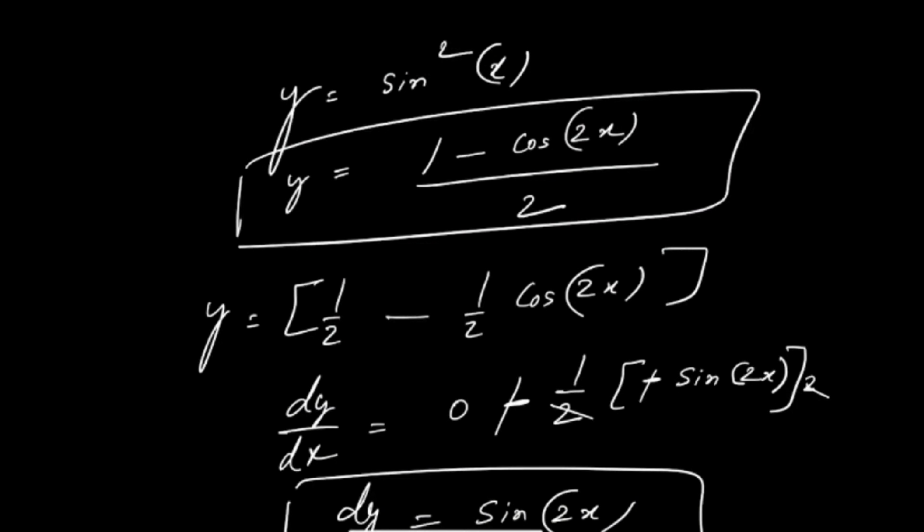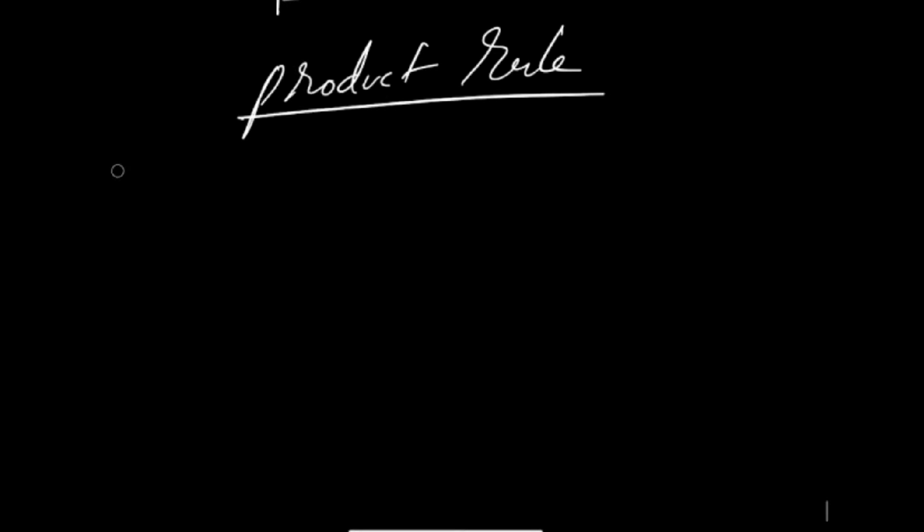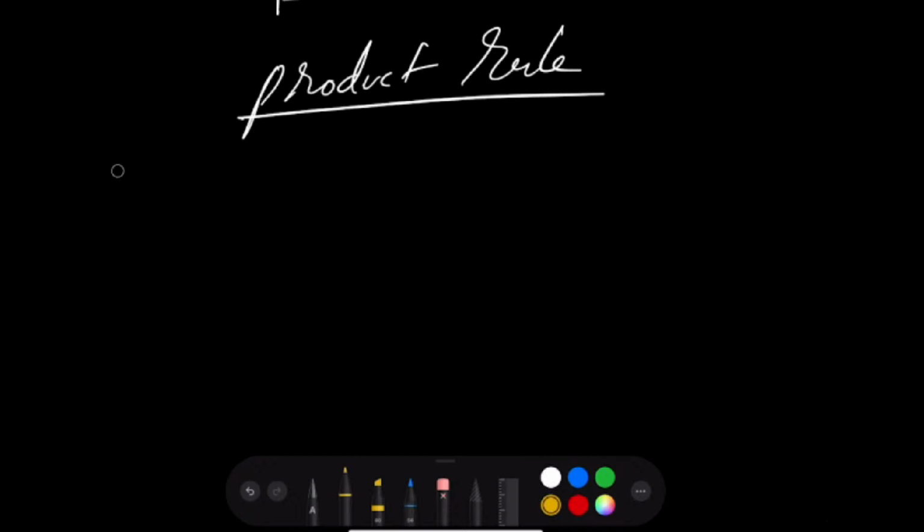Next, there is the last rule, which is called the product rule. So the product rule says what?